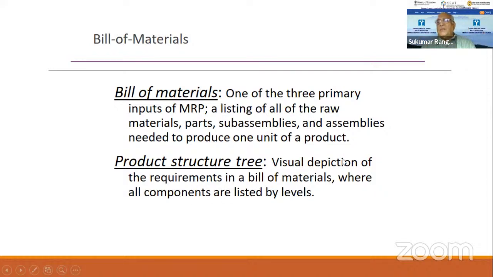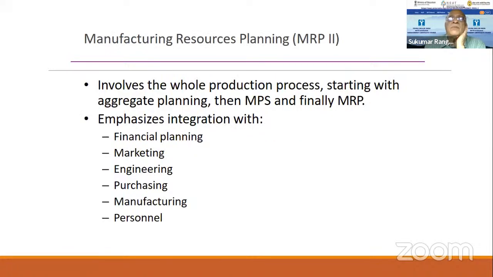You can make it into a chart, or in an Excel sheet, or you can make it in a tree diagram to say what happens from one process to the other and where that particular material or component enters in the process of product realization.